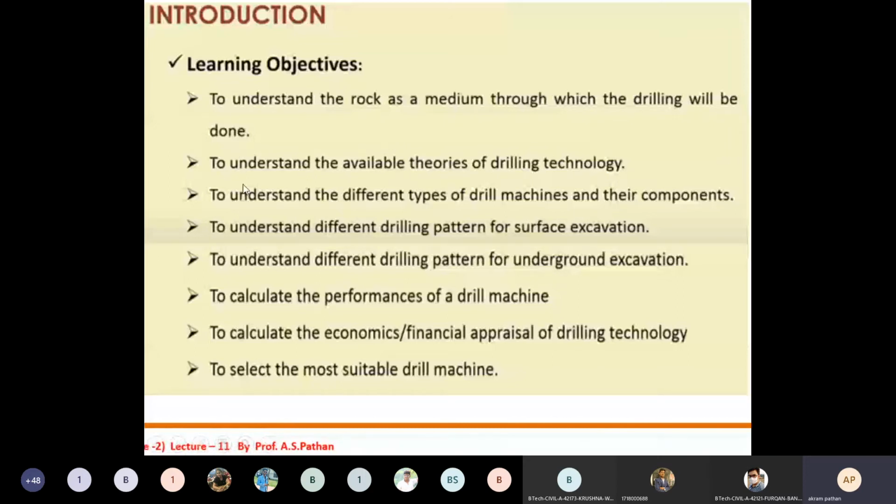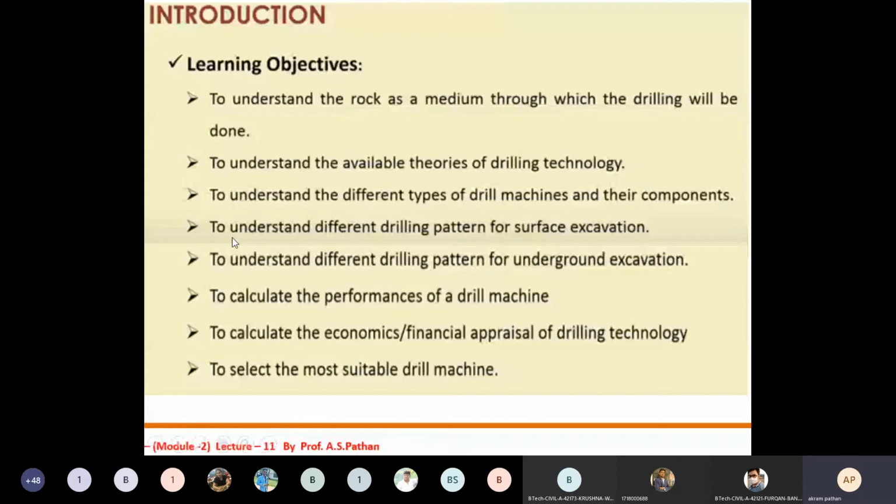The second is to understand the available theories of drilling technology. Then to understand the different types of drill machines and their components, what modern drilling machines are available, and how we can do the work with them.